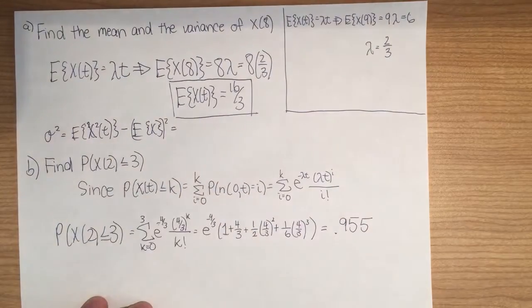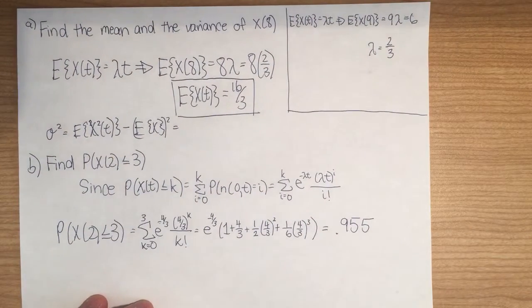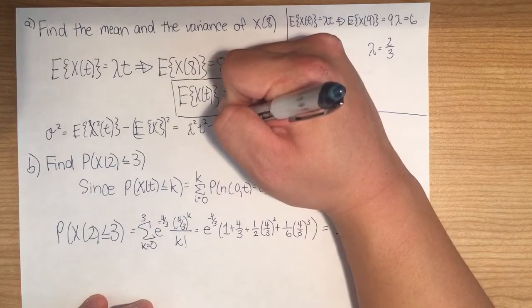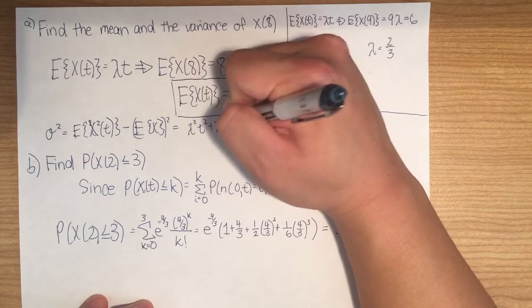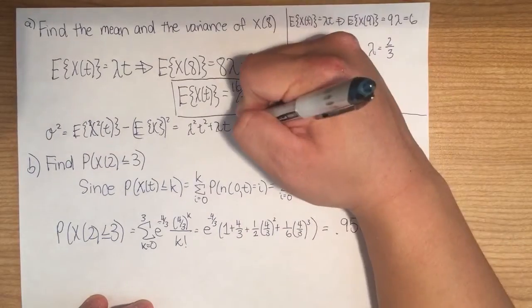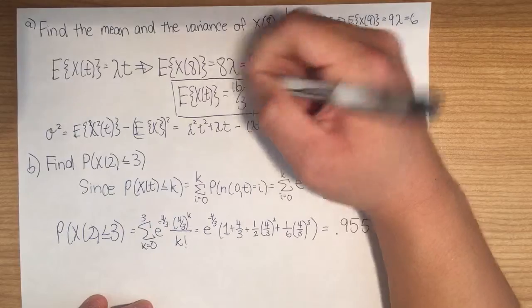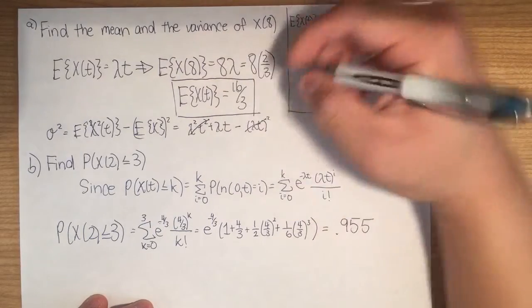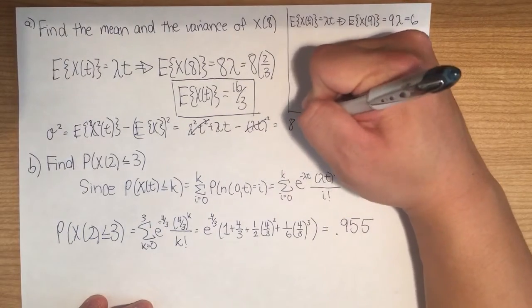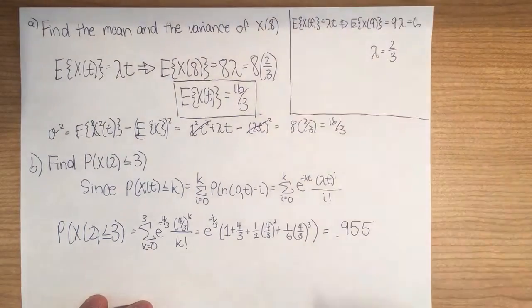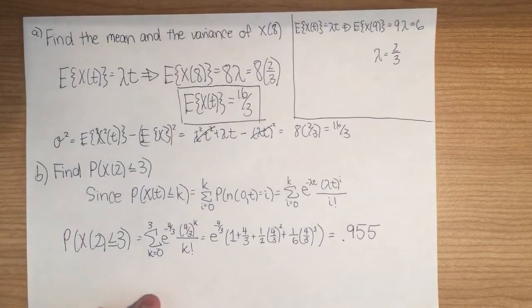We found the first term in the last problem, and that equals lambda squared t squared plus lambda t. And over here, this equals minus lambda t squared. These cancel out, so basically it just equals lambda t, which is 8 times 2/3. Again, that equals 16/3. So there's the variance, and there's the expected value of X(8).